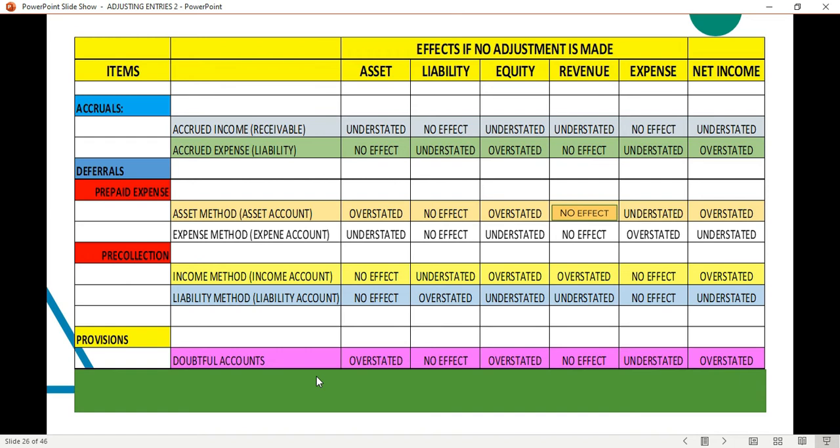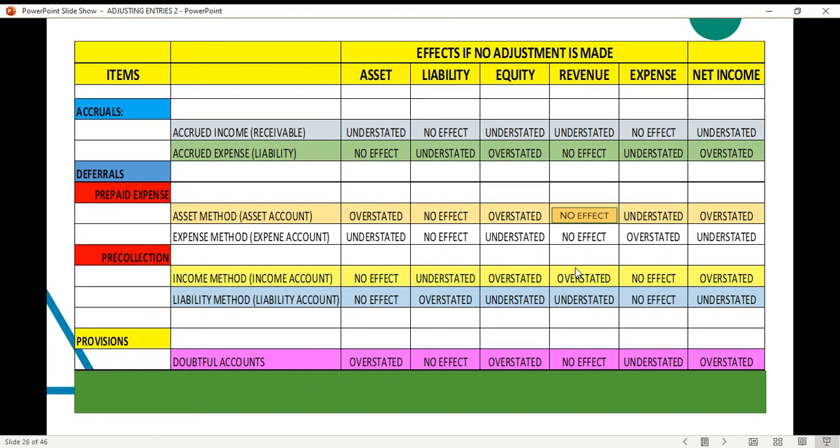Your asset will be overstated, since doubtful accounts will increase the allowance for doubtful accounts, and the allowance will be deducted from your asset account or accounts receivable. So if you were not able to recognize doubtful accounts expense, then your asset will be overstated. And then no effect to liability.